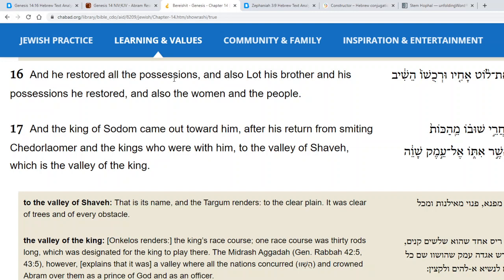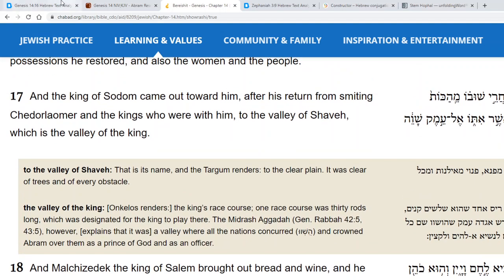All the possessions, kol harachush, and also his Lot, his brother, and his possessions he restored, right? Because vegam et Lot achiv urechusho heshiv, he restored, so it doesn't say it twice, and also the women and the people. Okay.